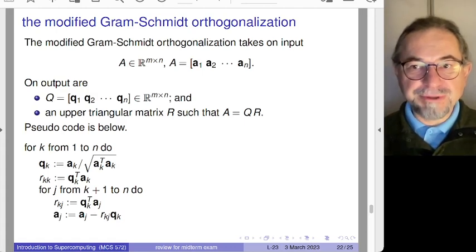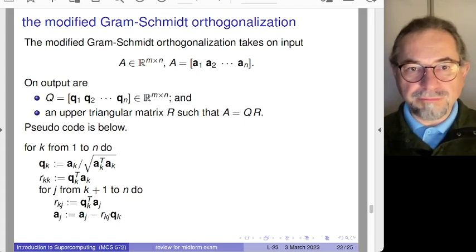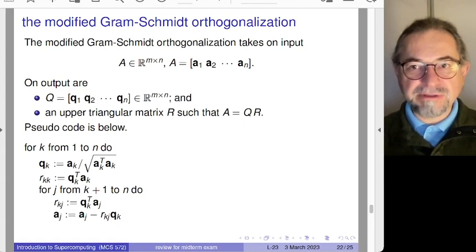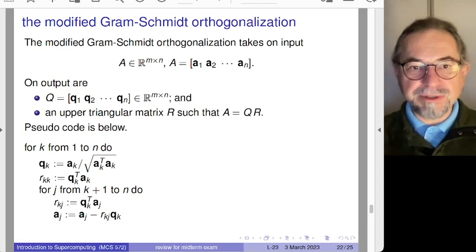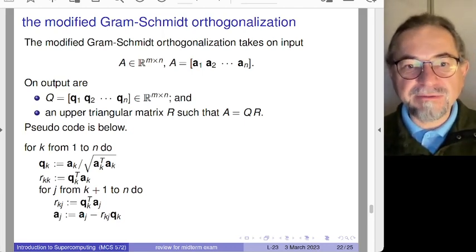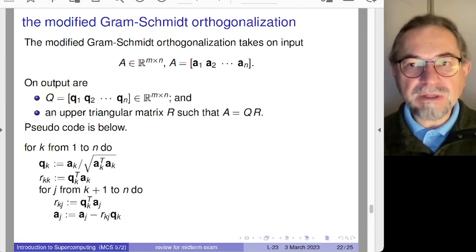What the Gram-Schmidt method does is go through the columns and orthogonalize them by projecting the next column onto the column space, subtracting from the current column the projection coefficients.